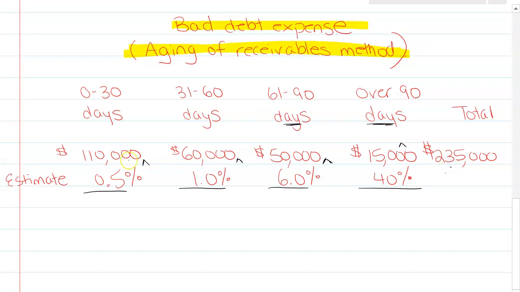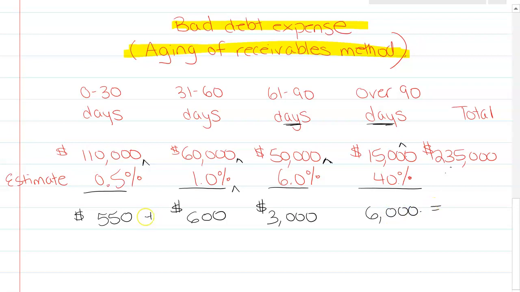So if I take 110 and multiply that by 5%, that gives me $550. If I take 60,000 and multiply that by 1%, that gives me $600. Then if I take 50,000 and multiply that by 6%, that gives me 3,000. And then if I take 15,000 times 40%, that will give me 6,000.